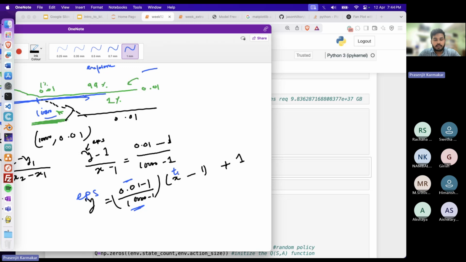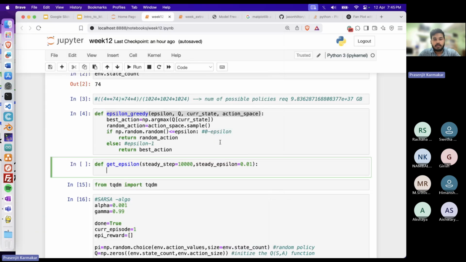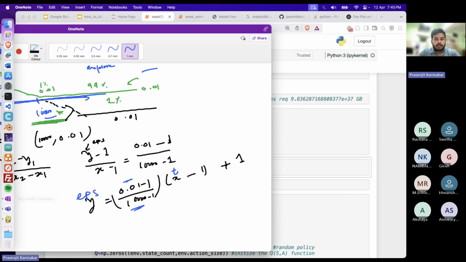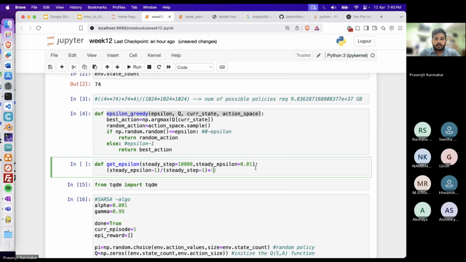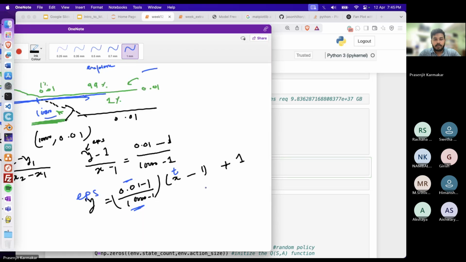So steady state minus 1 divided by steady state minus t, epsilon minus 1 divided by steady state minus 1, times x minus t minus 1, plus 1.